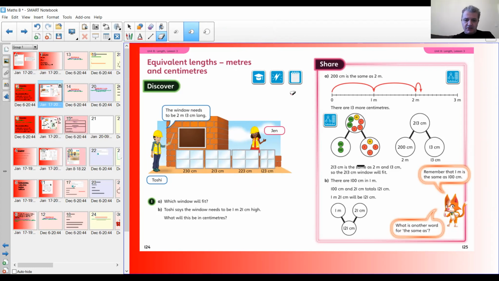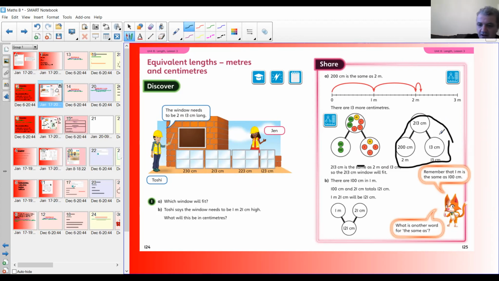Okay, so I would be looking at part-part whole models for this type of question. So the part-part whole model is there. We know we can start with the parts here. One part is 2 meters, which is the equivalent to 200 centimeters.